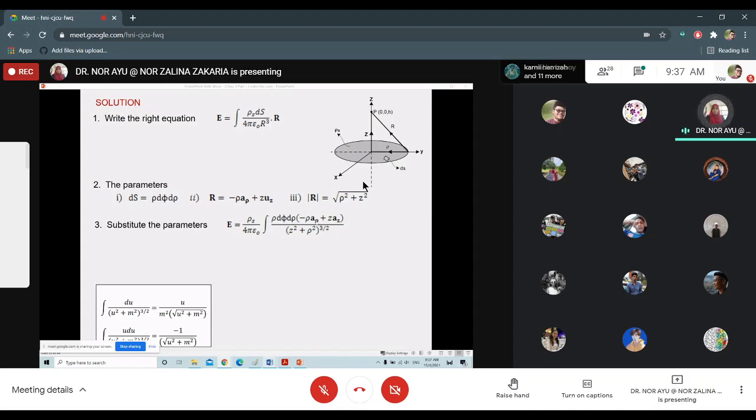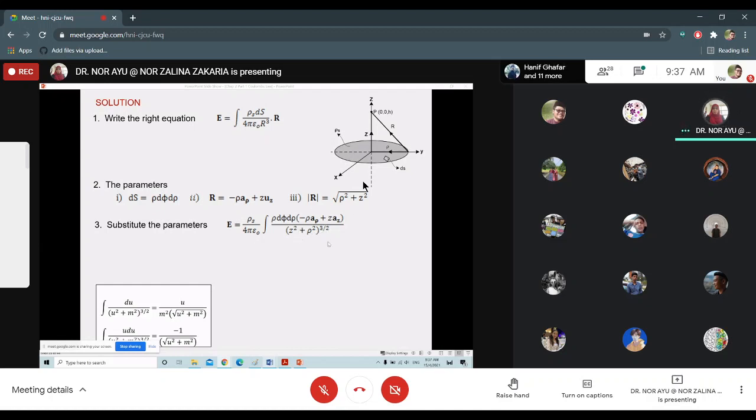Okay, and then just leave apa yang ada dalam ni. So this one will be your DS, rho d phi d rho, and this is your R. Okay, and this is your magnitude. Alright, because dia cube kat sini, dengan square root yang ada, so dia jadi to the power of 3/2.